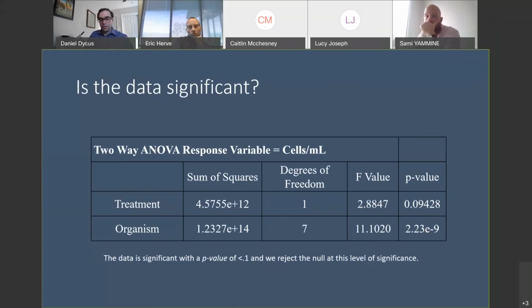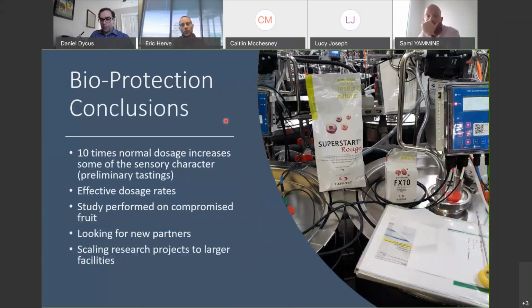So the data is significant with a p-value less than 0.1. So we can reject the null hypothesis that there is no difference, meaning that we accept the alternative hypothesis that there is, in fact, a difference between the 2 treatments. So effectively, what we've said is that non-Saccharomyces species is better at controlling organisms related to wine spoilage than sulfur.